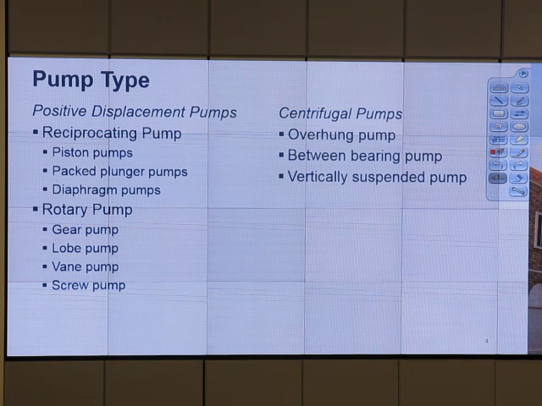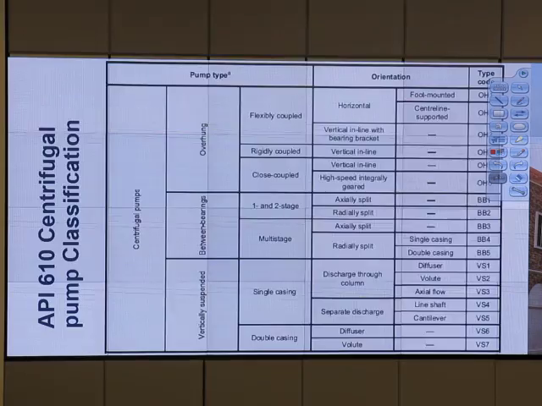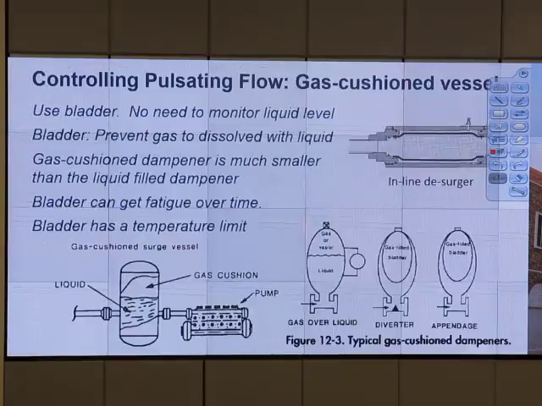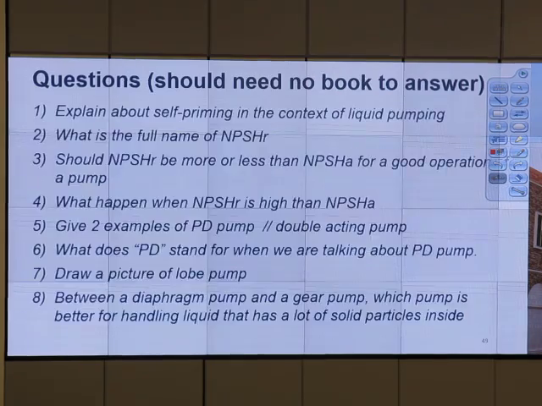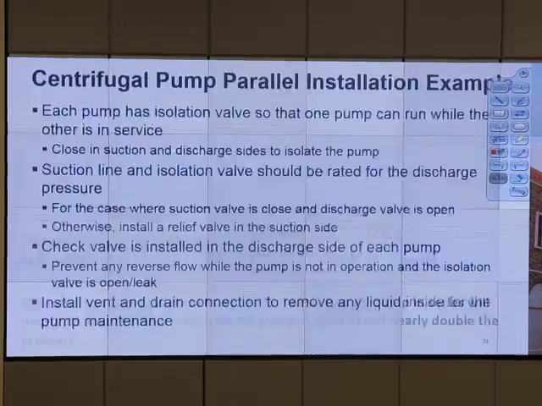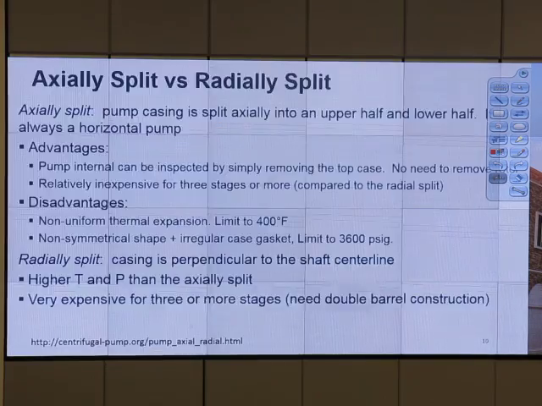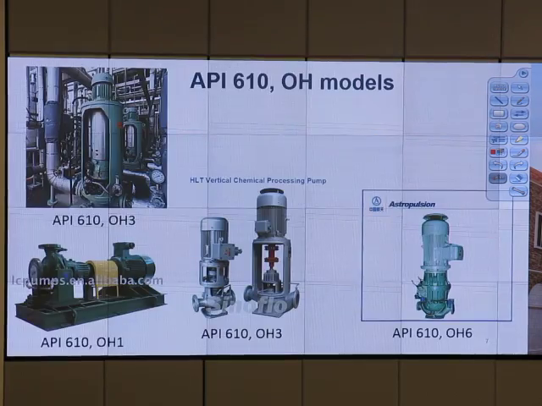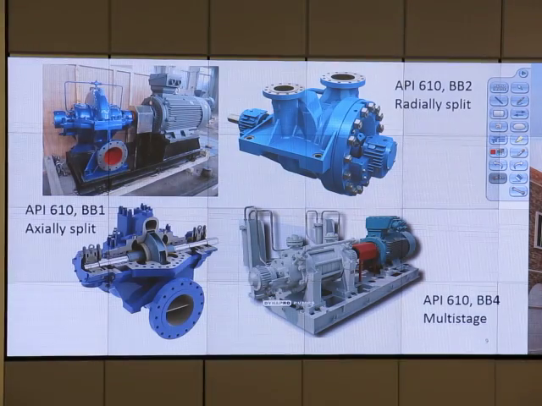PD type and centrifugal type, you know it, right? Our question: you can tell me which picture is for which type of pump, PD or centrifugal, you know that, right? The next part that I want you to know is the split, whether it's axially split or radially split.